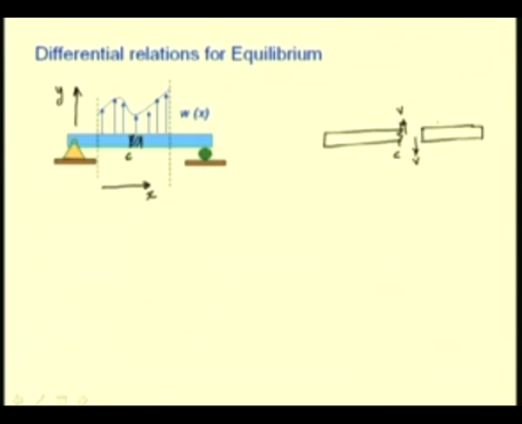Now let us take a section at a very small distance, say delta x, on the right hand portion of the beam, and if we consider the free body diagram, we will have a shear force which has changed also incrementally.